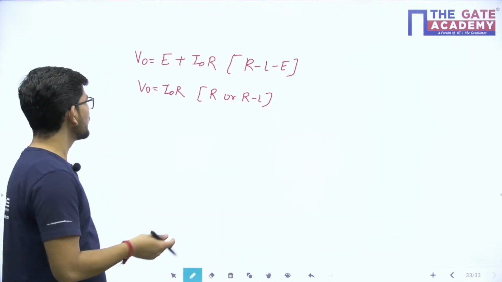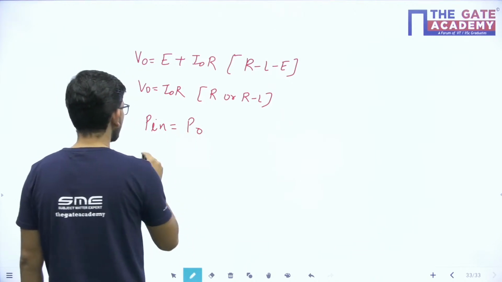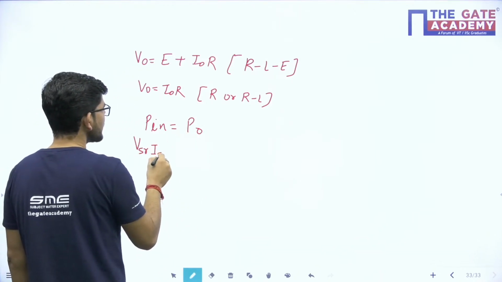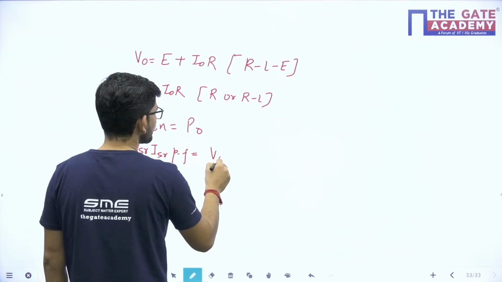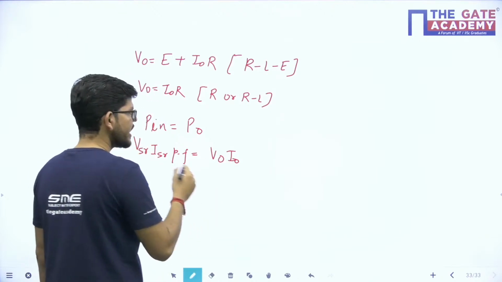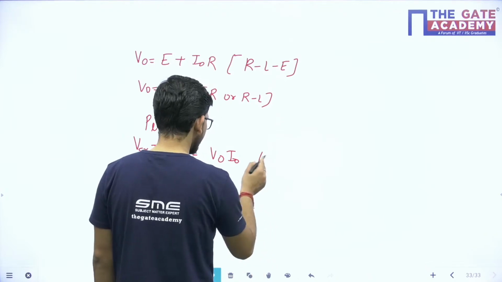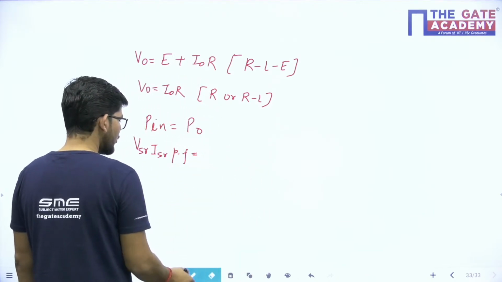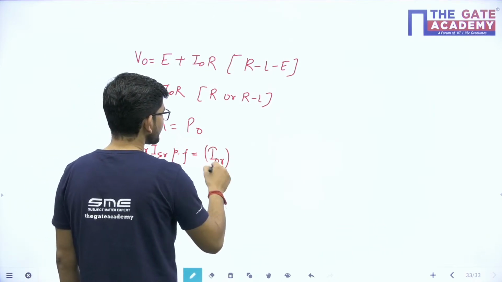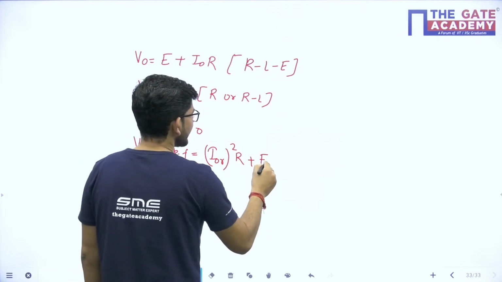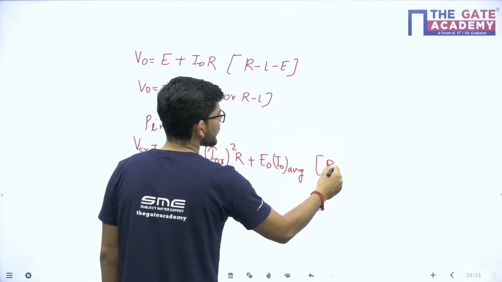Now, one thing that you will do, equate P input to P output. P input will be equal to VSR ISR into power factor, and P output will be equal to V naught I naught in case of R load. Let me discuss in general. Suppose you have RLE load, then you will calculate it by I naught RMS square into R plus E naught I naught average, in case of complete RLE load.